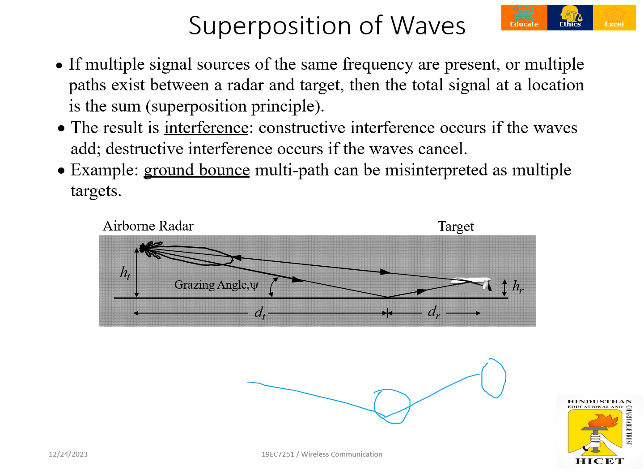The pulses get affected by interference, or by ground bounce and multipath, which can be misinterpreted as multiple targets in that location. So this is nothing but superposition of waves, that is the combination of two different frequencies combined, and that will be received by the receiving antenna.